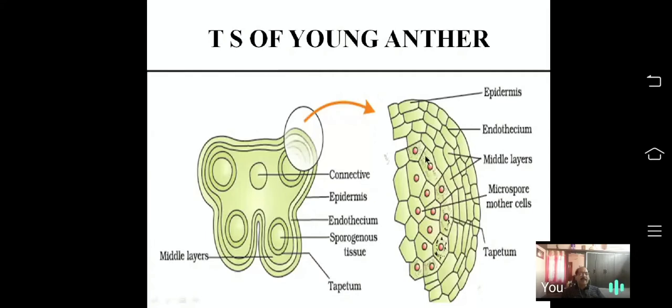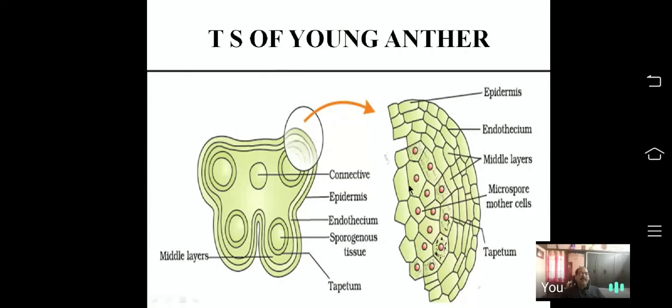These tapetum cells synthesize food materials, and by that they nourish the pollen grains, providing food to the pollen grains.